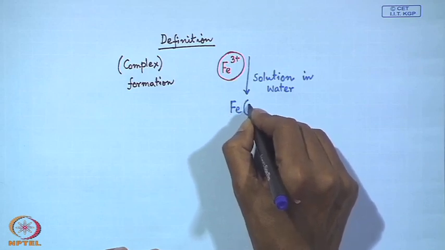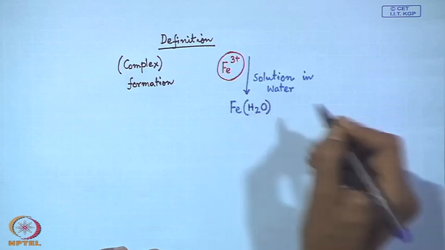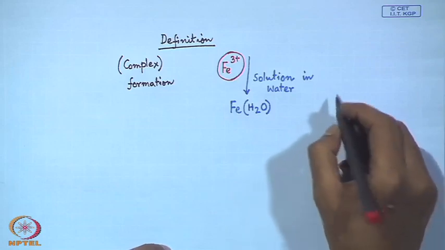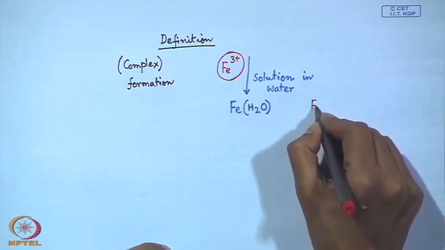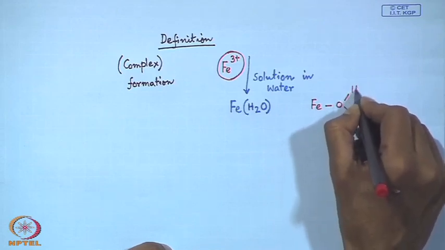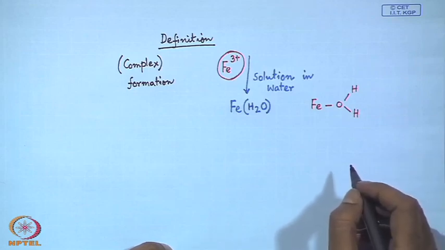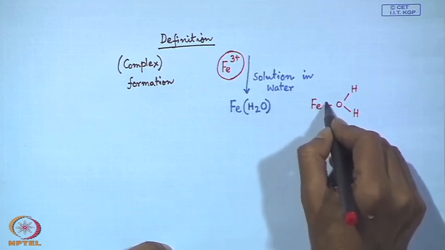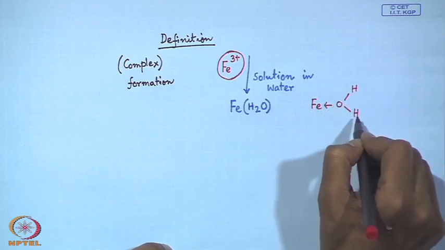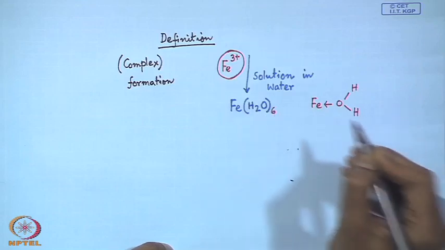From the idea of forming not only one iron-oxygen bond, but 6 iron-oxygen bonds, we can have the first sphere of attraction, and this is formed from one lone pair of electrons available on each water molecule. So we have 6 such.